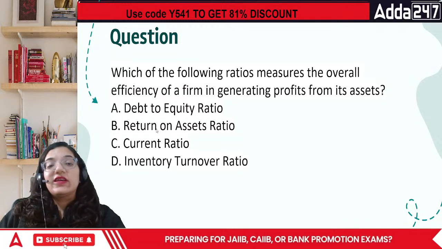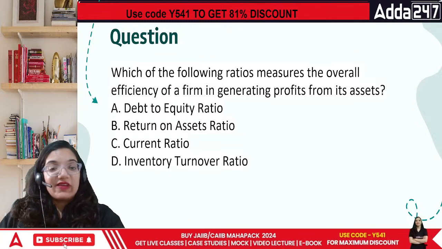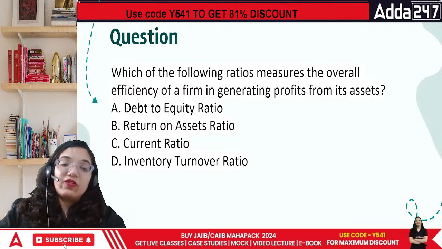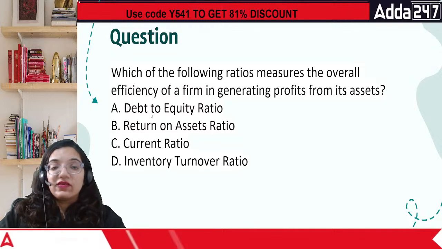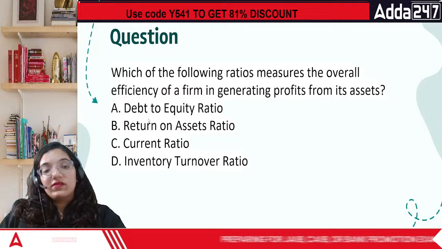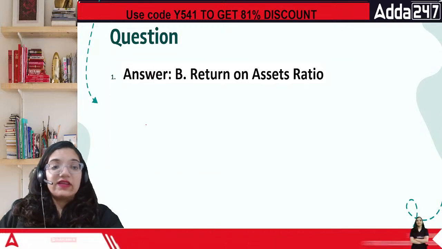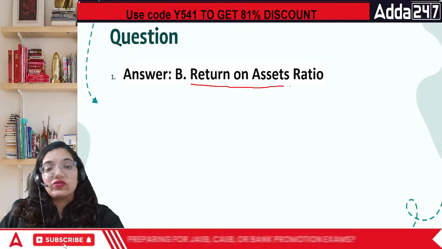That is to be covered in this area altogether. Okay, so there's only one ratio which is left, that is return on assets. How much profit and loss are we having? Theek hai na? So in this case, the correct answer is return on assets ratio.